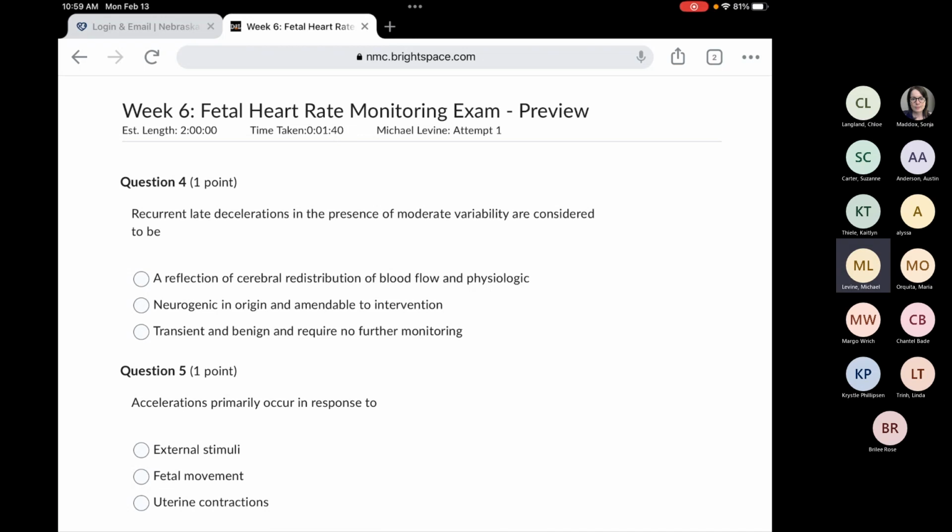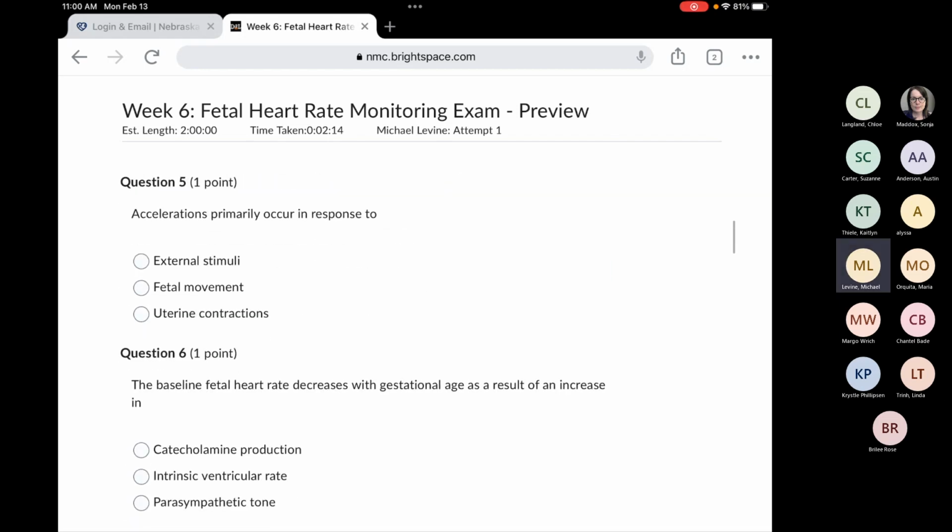It is a reflection of cerebral redistribution of blood flow and physiologic. The key to that is moderate variability. If moderate variability was absent, then that would be a problem. I don't like the transient and benign because recurrent late decelerations are not benign and they require additional monitoring. So the answer to question number 4 is A.